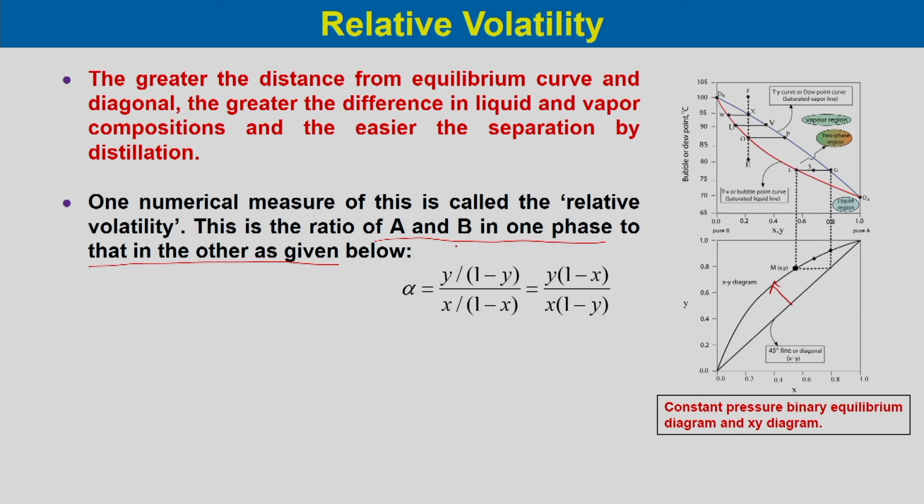That is, the ratio of A by B in one phase divided by the ratio of A and B in the other phase. So, this will be equal to y into 1 minus x divided by x into 1 minus y.